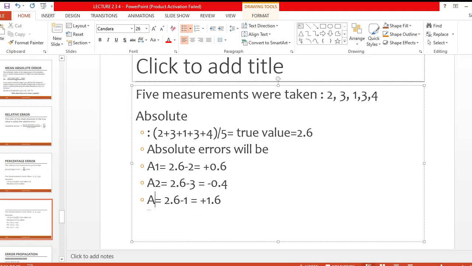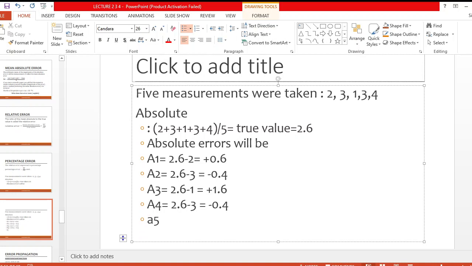Then for A4, the absolute error will be the same 2.6 minus 3, and you get negative 0.4. And for measurement number 5, the absolute error will be 2.6 minus 4, and what you get is negative 1.4.